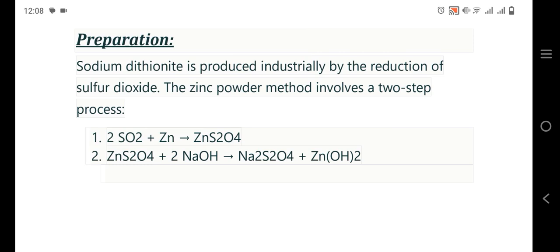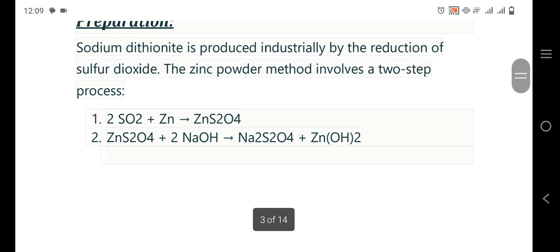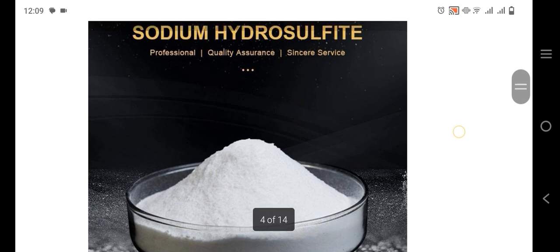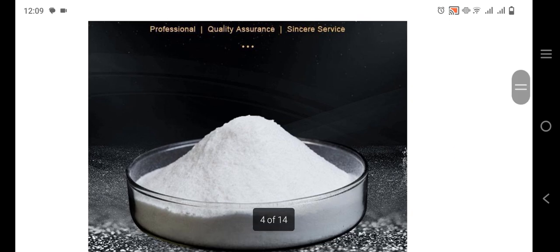In the second step, zinc hydrosulfide reacts with two atoms of sodium hydroxide or sodium carbonate, which forms sodium hydrosulfide. Here we can see sodium hydrosulfide in powder form, which is basically white, and it is dry.